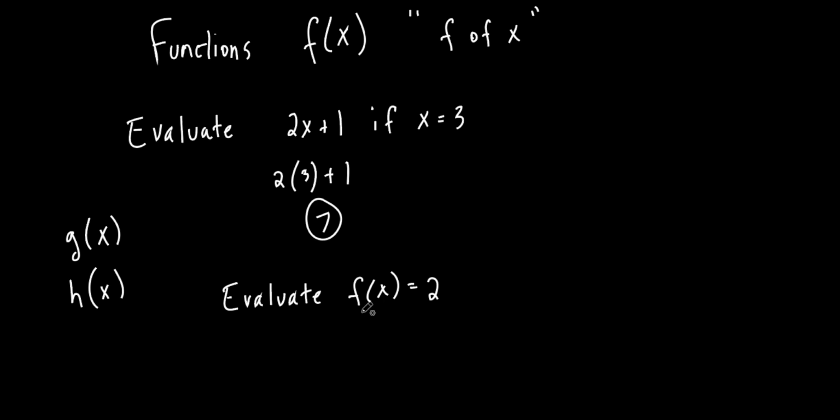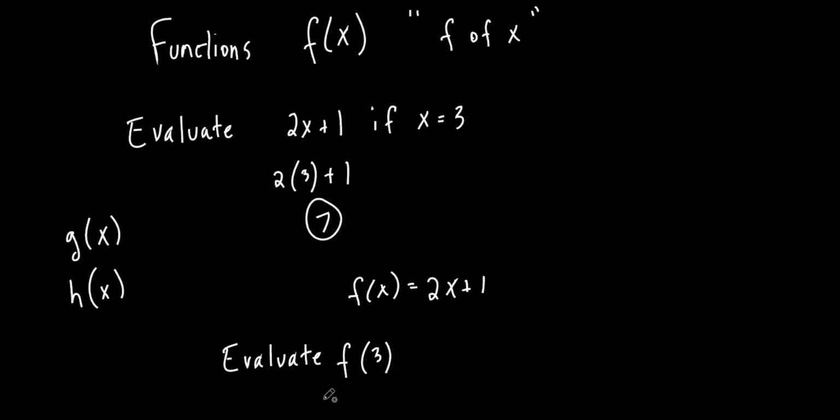What they would probably do is tell you f of x equals 2x plus 1, and they're going to say evaluate f of 3. So here's your little formula, your little equation. And they're just going to say evaluate f of 3.